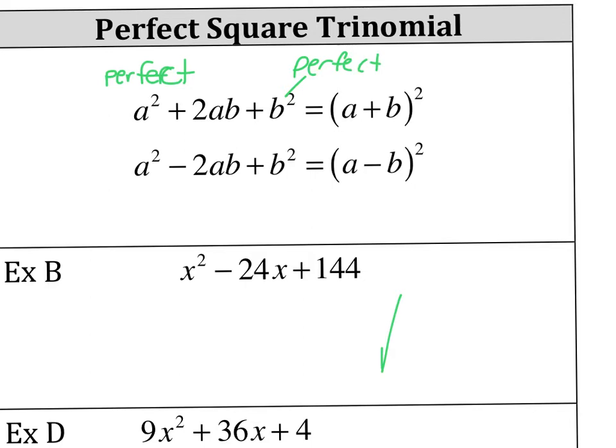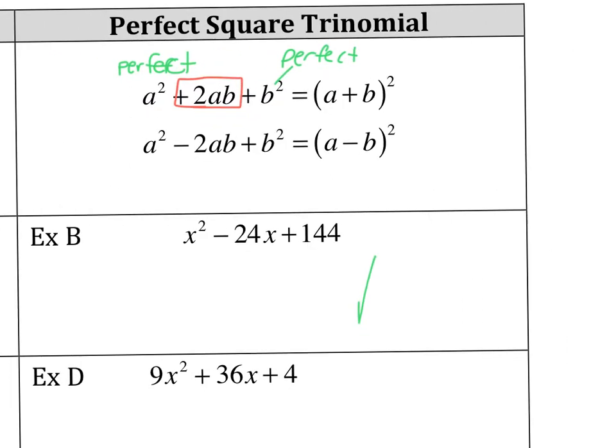And then this one, what does that mean? That means it's double the product of the other two. So that's kind of hard to recognize. But the key is to look at the front, the first and the last. Are those perfect squares? If they are, then there's a good chance you can just jump straight to the work.